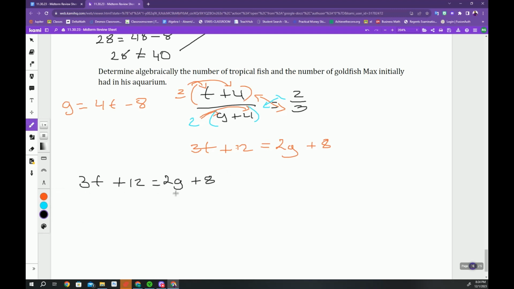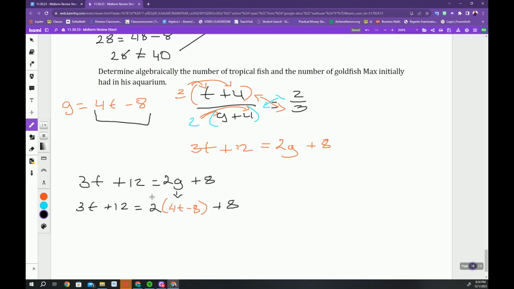I'm going to replace this G with 4T minus 8. So 3T plus 12 equals 2 times 4T minus 8 plus 8.